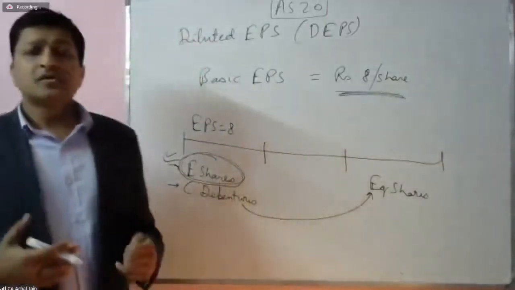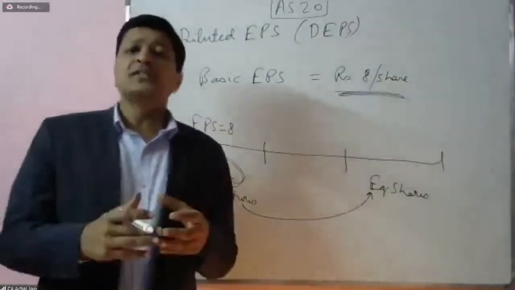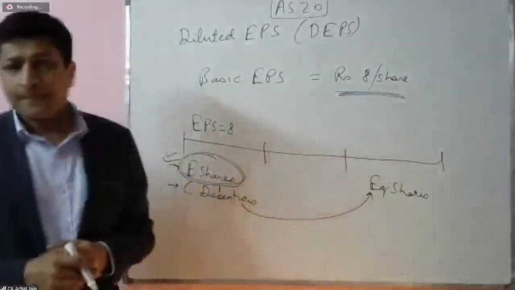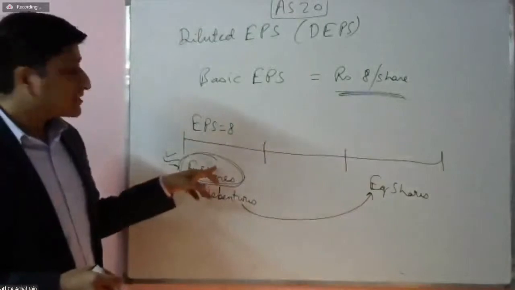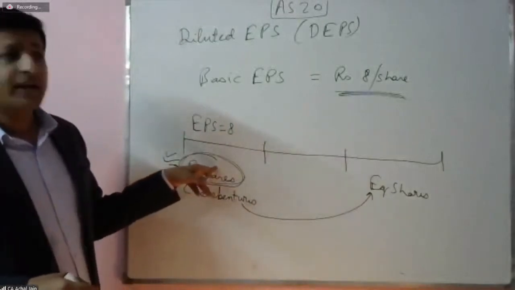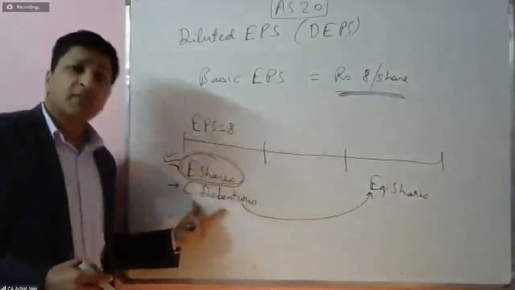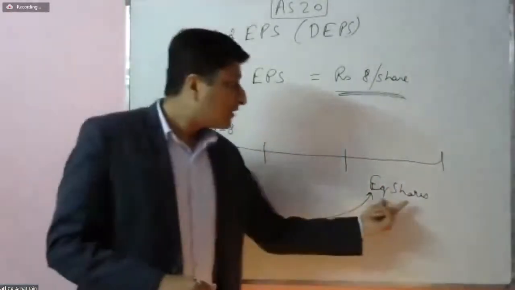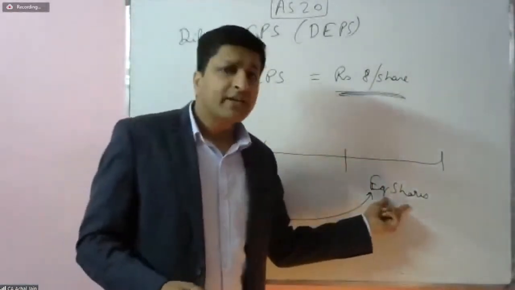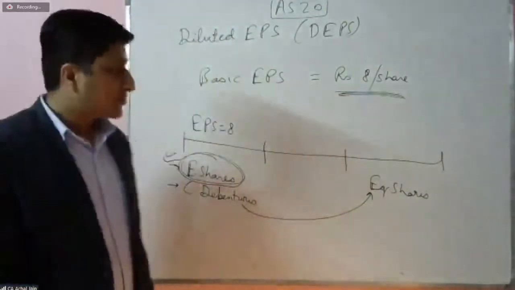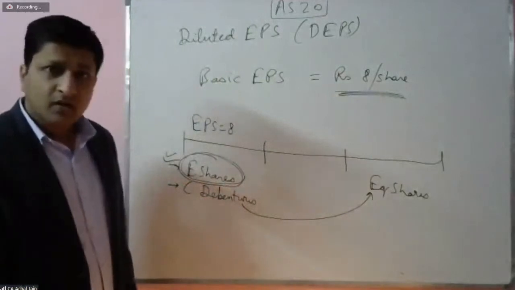Why? Because they will have to share that return with some more equity shareholders. So whatever is the number of equity shareholders today, that will increase once these convertible debenture holders convert their debentures into equity, or say they get converted into equity shares. Okay.